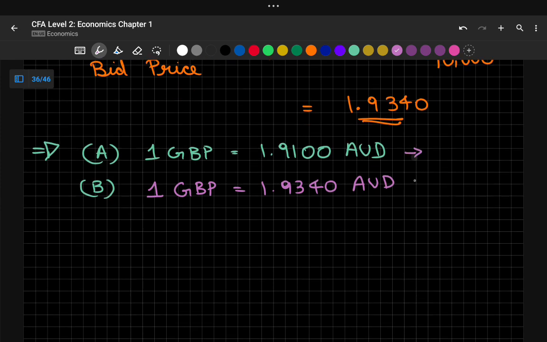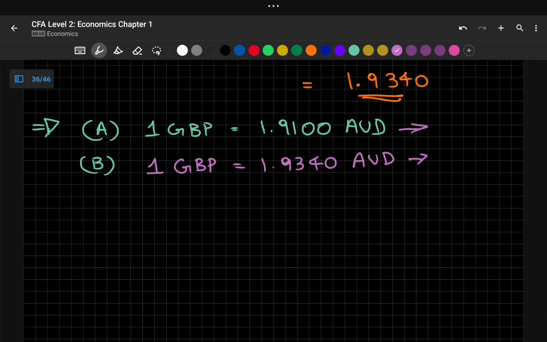Both of these contracts will settle after 3 months, because 6 months have already passed. So after 3 months, Ria bought 1 GBP at 1.9100 AUD and sold it at 1.9340 AUD. So Ria sold it at a higher price, hence Ria made a profit.